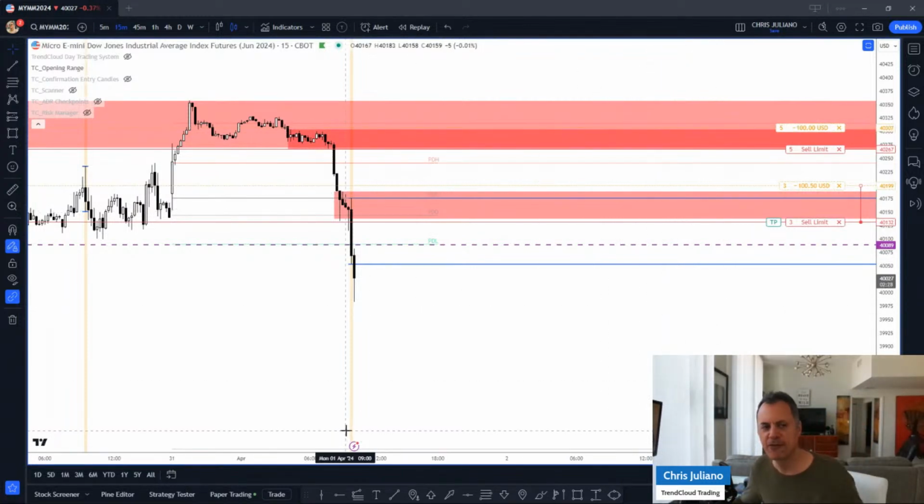If both of them fail, that's only 1% of your account, right? You have to look at everything as, if I take this trade and it doesn't work out, will I be in a terrible situation? That's what you've got to ask yourself. Trading is all about how to not put yourself in a terrible situation.